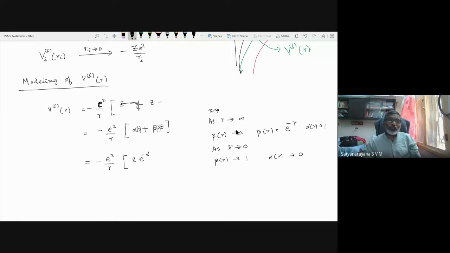Let's say e to the minus A r. This alpha and this alpha are not the same. So minus e square by r into Z into e to the minus A r, and as r goes to infinity, this becomes Z.